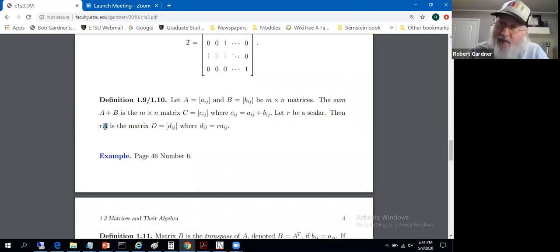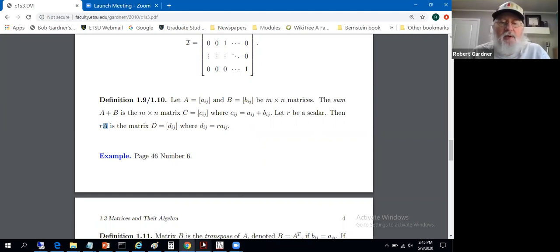If you want to think of it as distribution, you ought to be okay, just don't tell me about it. That's the definition of scalar multiplication on a matrix: you simply multiply all the entries by that scalar. So matrix addition works just like vector addition, except there are more entries, and scalar multiplication works just like it does with vectors as well.